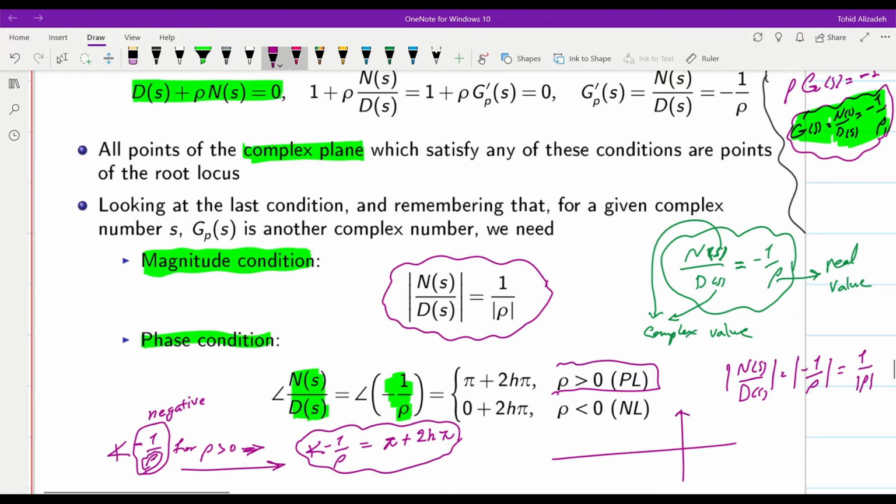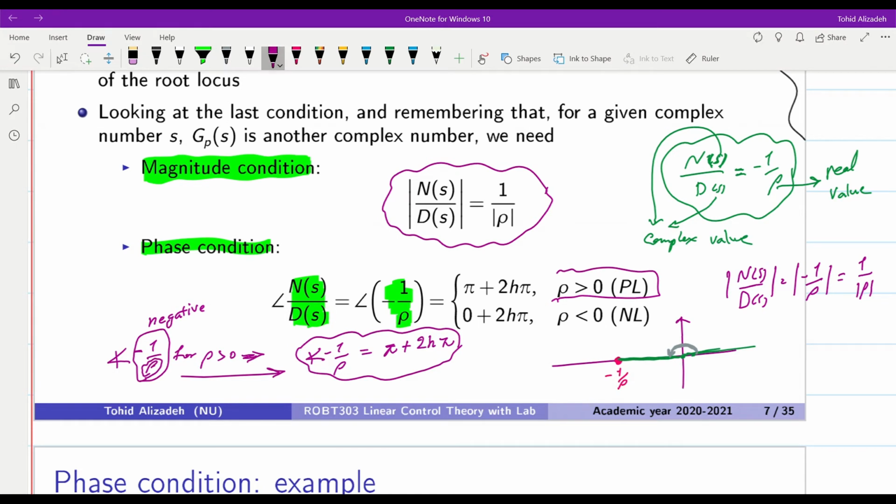If this is the s-plane, it will be located somewhere here, minus 1 over rho, and we can see that if I want to find out the phase, I just connect that point to the origin, and then this will give me the phase. And obviously we can add or subtract multiples of 2 pi from it.